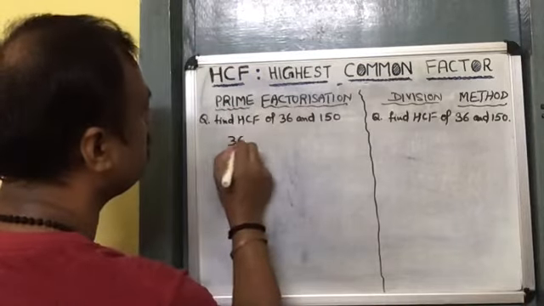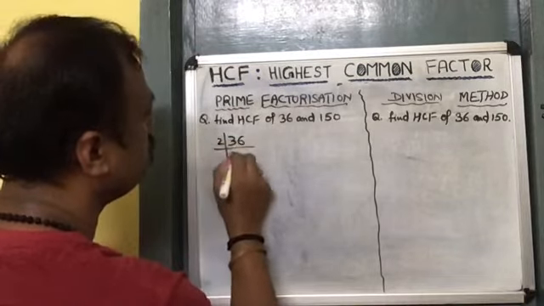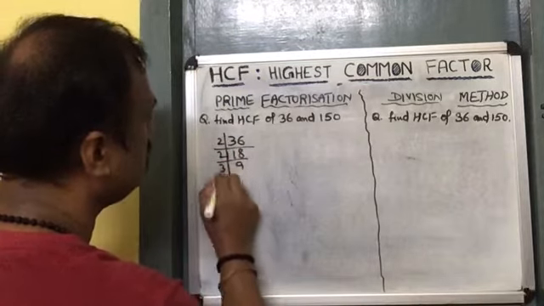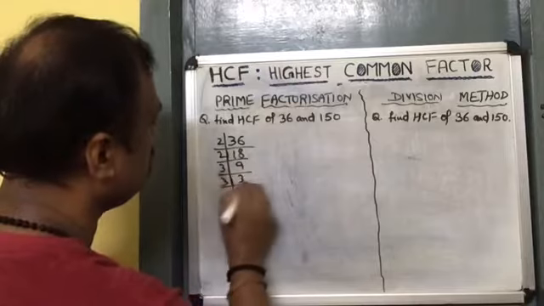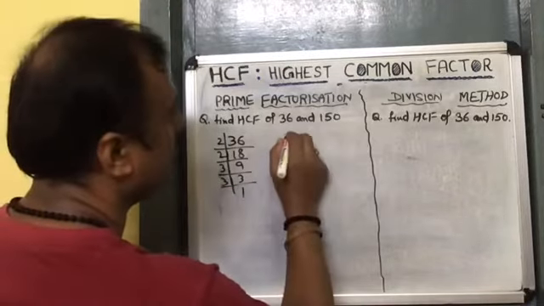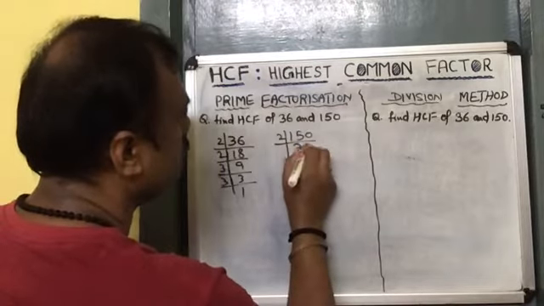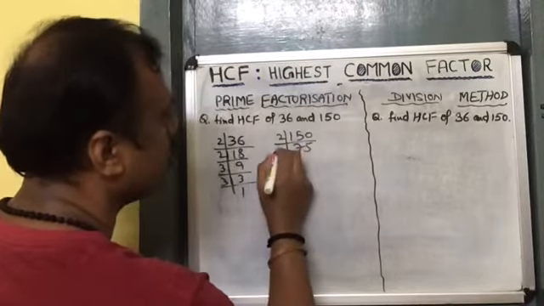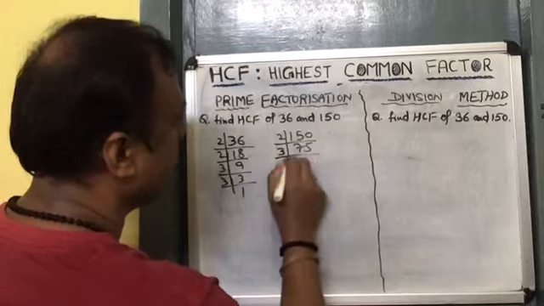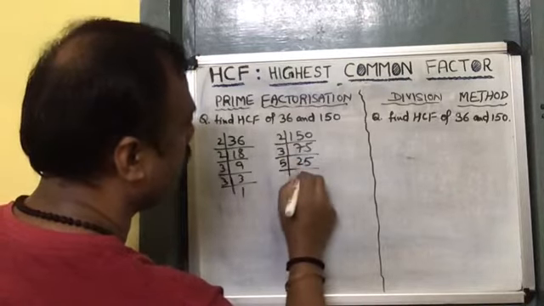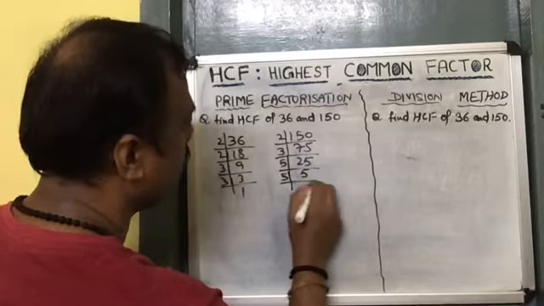So take 36: 2, 18, 9, 3, 3, 1. Now take 150: 2, 75, now by 3, 25, now by 5, 5, 5, 1.